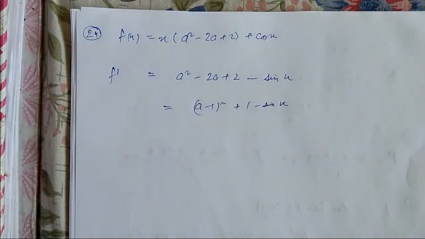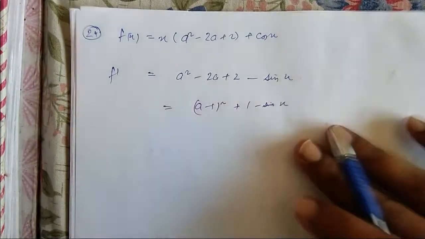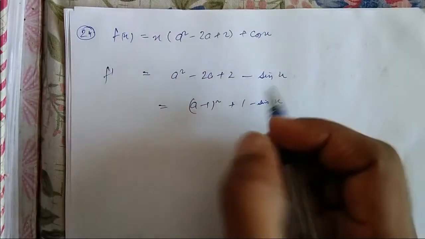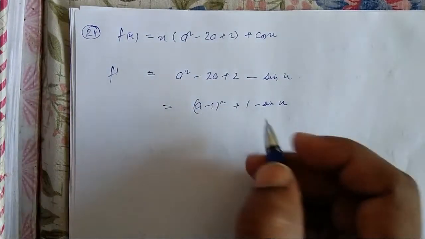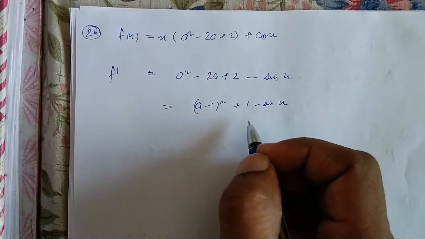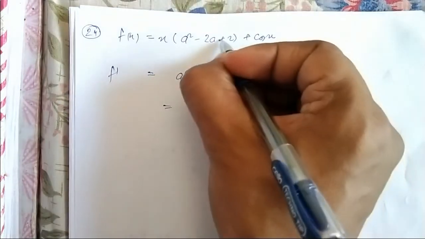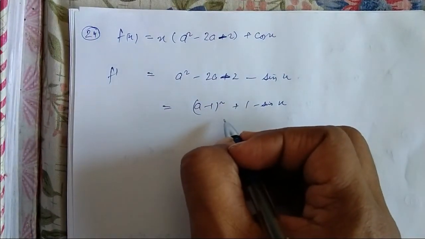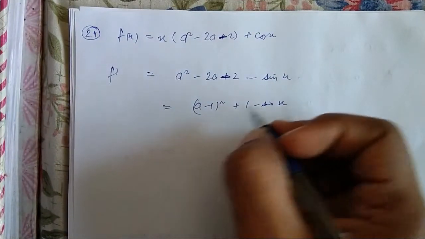Okay, so it seems like this is always positive, hence the function will always be monotonic. Wait, there's a minus sign, we have made a mistake. Okay, so let's calculate again.